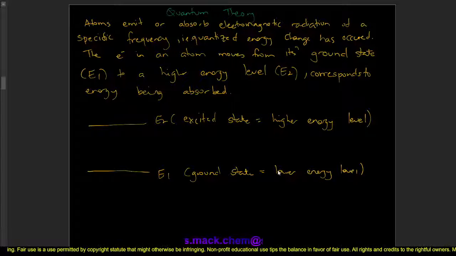Right, so once again, the electron, and I'm only referring to one here for the purposes of explaining quantum theory, moves from its ground state, that's its lower energy level, where it's comfortable, it's accustomed to being there, and on absorbing energy, that electron will move from its ground state to an excited state. That excited state must be some sort of higher energy level as compared to the ground state.